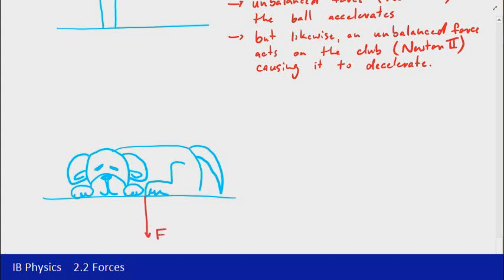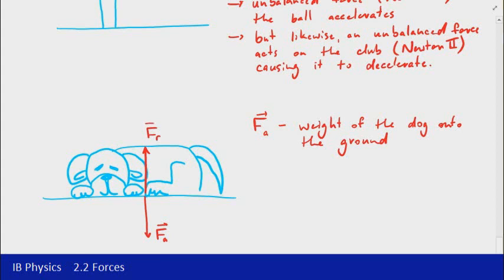We'd call that our action force. In this case, that action force will actually be equal to the weight of the dog. That action force is the weight of the dog onto the ground. And the reaction force will then be the force of the ground onto the dog.